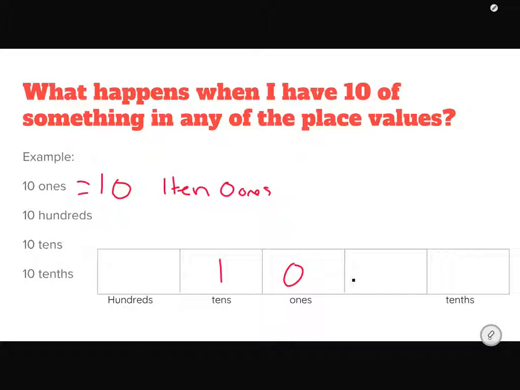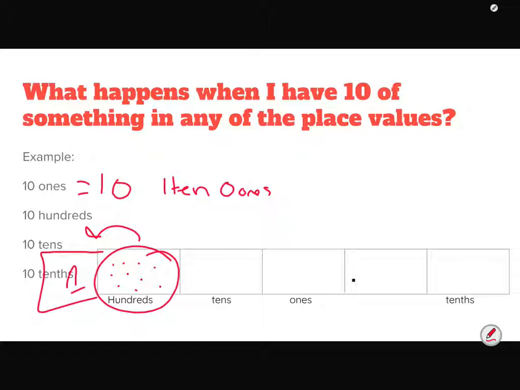Okay? What if I have 10 hundreds? Again, I can't put 10 in the hundreds place. 10 hundreds, because I'm base 10, I have to regroup. So I would regroup these 10 hundreds and bump them over a place value and regroup it as 1,000. Think of it: 100, 200, 300, 400, 500, 600, 700, 800, 900.